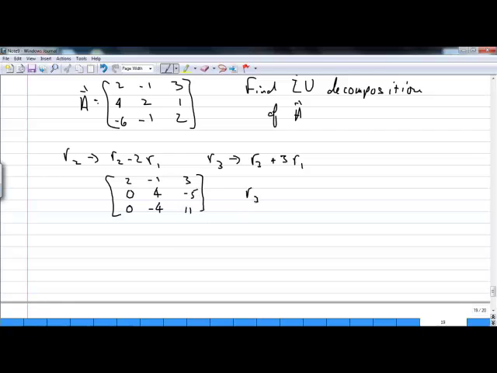Then our final operation will be row 3 goes to row 3 plus row 2, and that will give us our upper triangular matrix U.